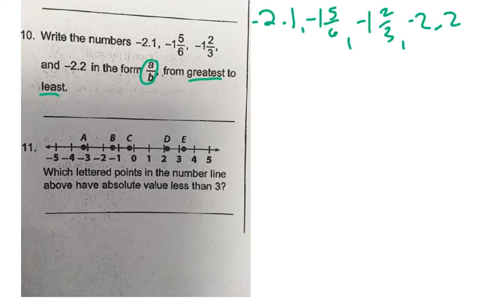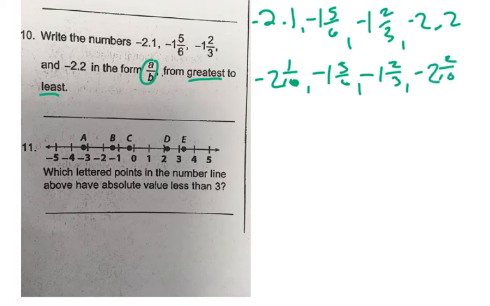So the first thing I'm going to do is take -2 1/10 and turn that into a mixed number. Then I have -1 5/6. I'm going to bring that down. I have -1 2/3. I'm going to bring that down. And then I'm going to turn -2 2/10 into a mixed number. There we have it. Now I'm going to turn all these mixed numbers into AB form in improper fractions.